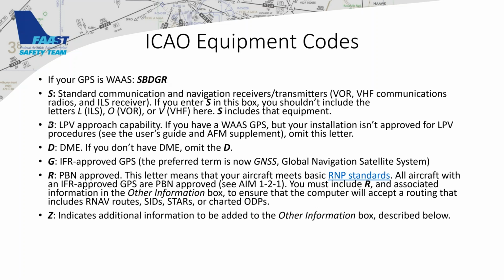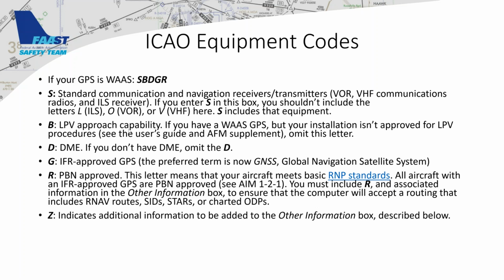But here's the breakdown: S is for field 10 on the International Flight Plan. S stands for the standard communication, so that's going to be your ILS, your VOR, VHF. So you don't have to put those individually. You just put S. Then you're going to put B, which stands for LPV capability.